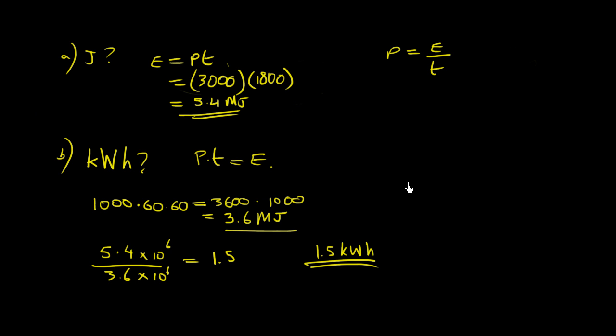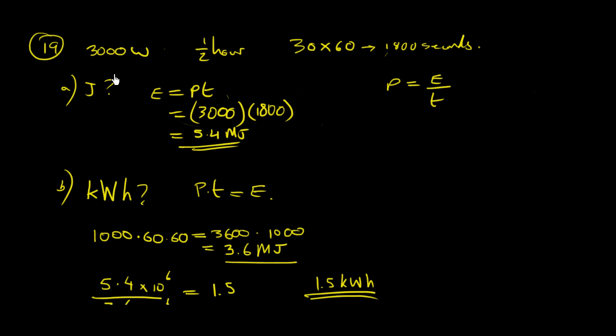A different way is hopefully more intuitive, but it's important that you understand both ways. Another way is to say, well, what is 1 kilowatt hour? 1 kilowatt hour is the same thing as a machine using 1 kilowatt of power during a time of 1 hour, right?